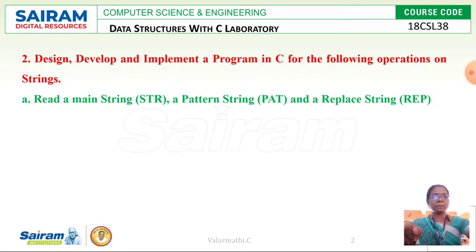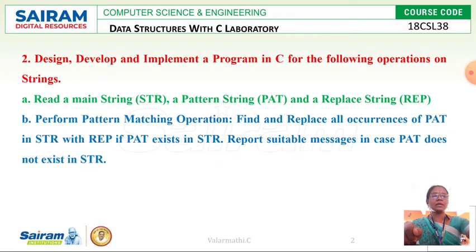And if the pattern string is found, then replace it with one more string, that is called rep. The concept is first we have to read a main string. From the main string, according to the pattern, the new string has to be replaced. So this is the main task of this program.